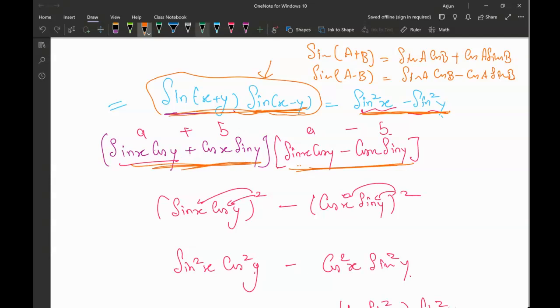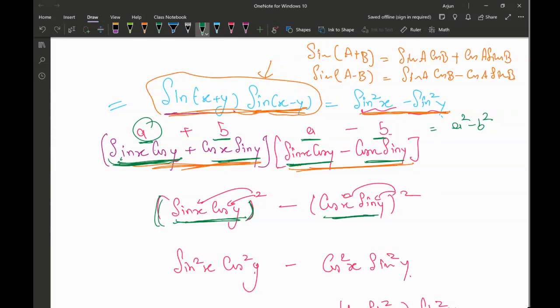Now if I look at these values carefully, this whole thing becomes A, this thing becomes A, this thing becomes B, and again A, B. So A plus B, A minus B, the difference of squares formula, A square minus B square. So that's going to give me sine x cos y, which is A, this whole thing is A square, and then cos x sine y, which is B, this B whole square.